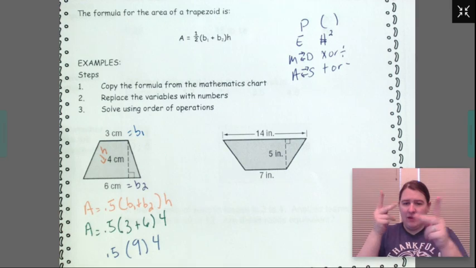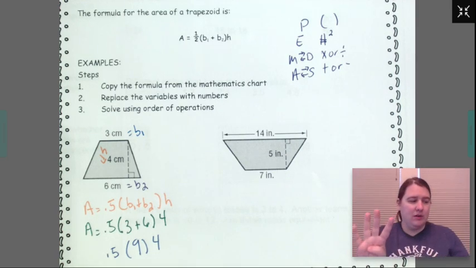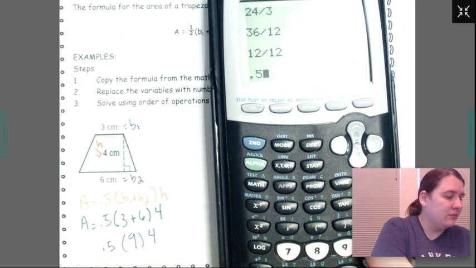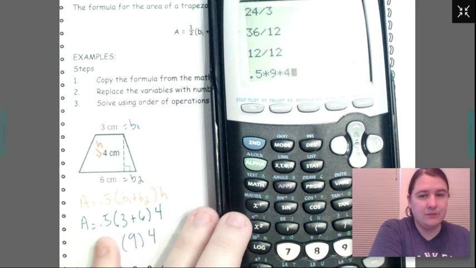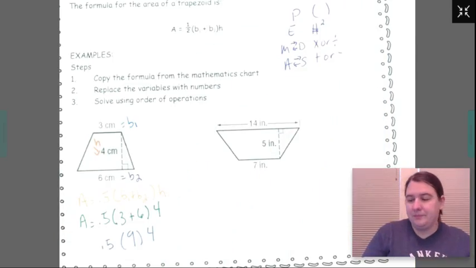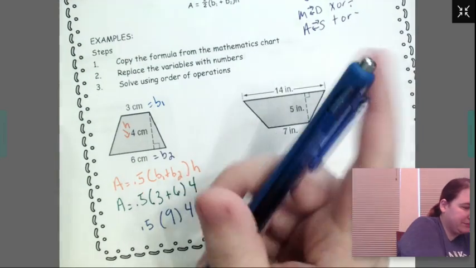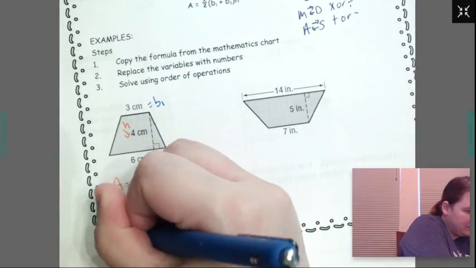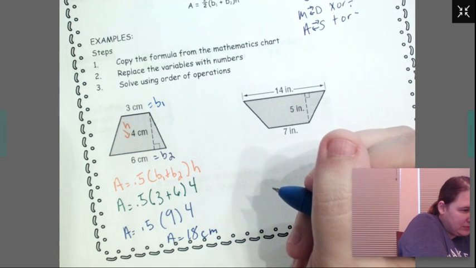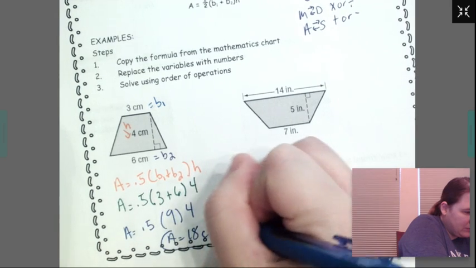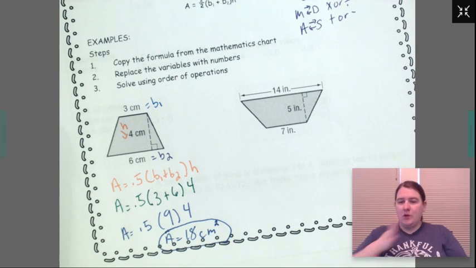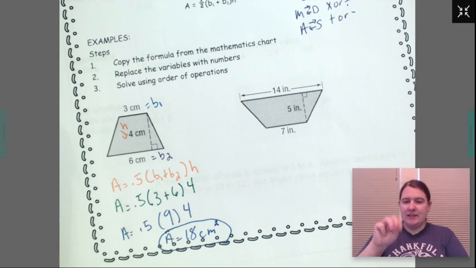So it's 0.5 times 9 times 4. 18. So my answer is 18 centimeters squared.